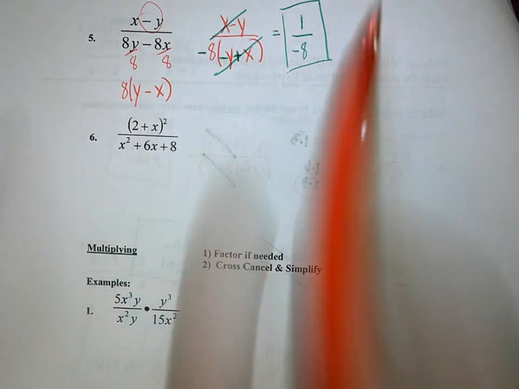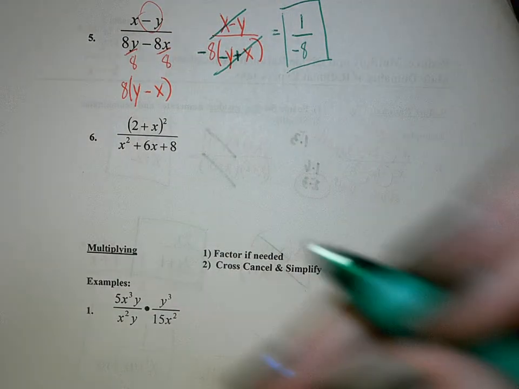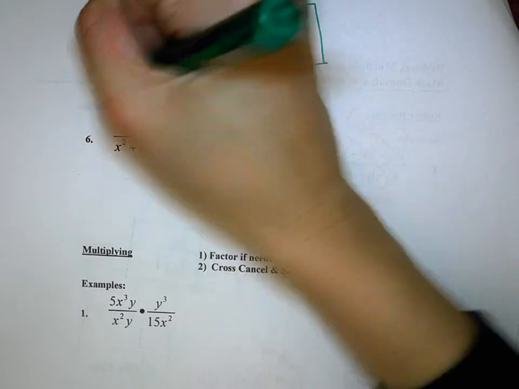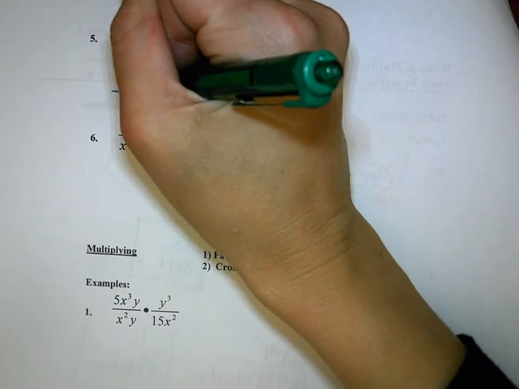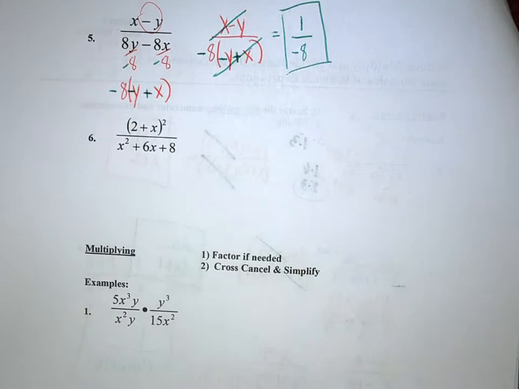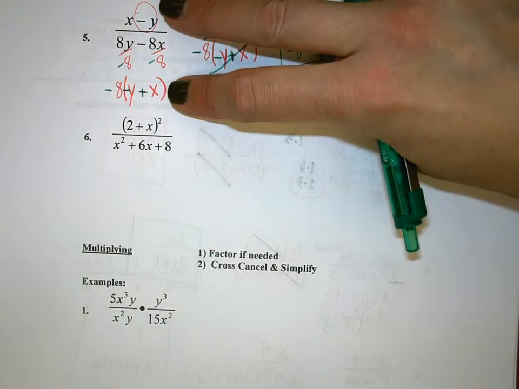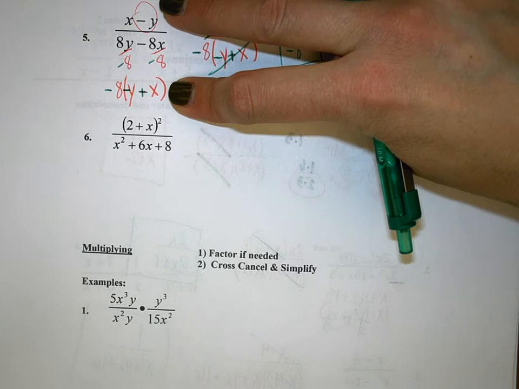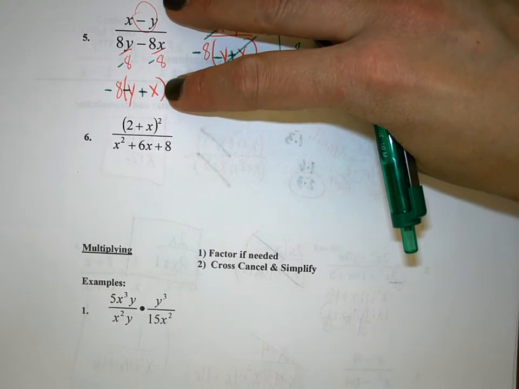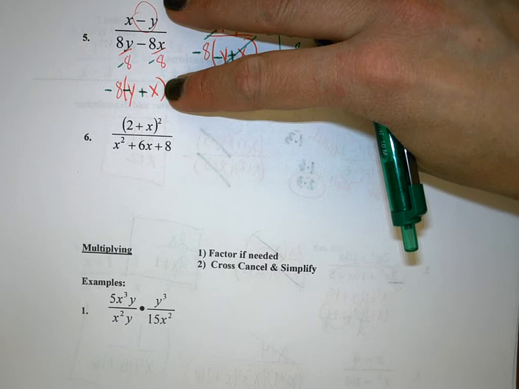If we had taken out a negative 8 to begin with, the y would have been negative and the x would be positive, and then now they match. X is positive and y is negative, so that we can cancel them out, because you can only cancel them if they're exactly the same. Is that okay?